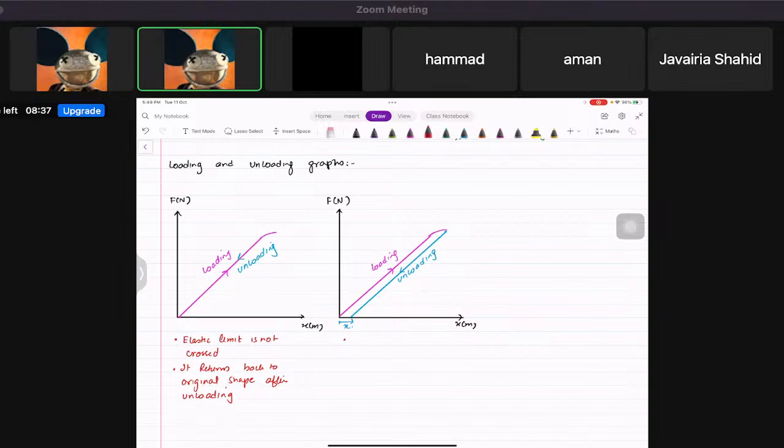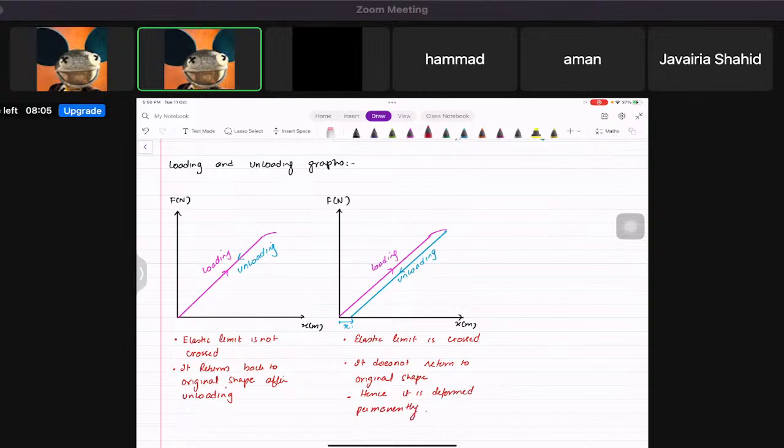But in this one, the elastic limit is crossed, which basically means it does not return to its original shape, hence it is deformed permanently.